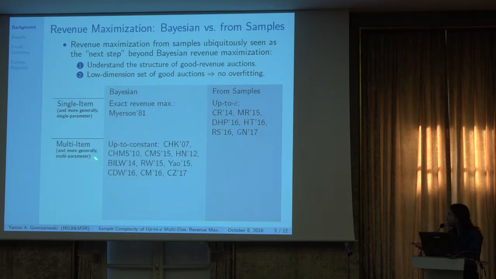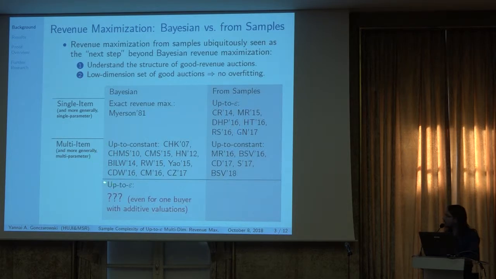For multi-item settings, or more generally multi-parameter settings, quite a few papers have shown how nicely structured mechanisms can give an up to constant approximation of the optimal revenue. In recent years, some very nice papers have used these insights to show how to learn up to constant optimal auctions from samples.